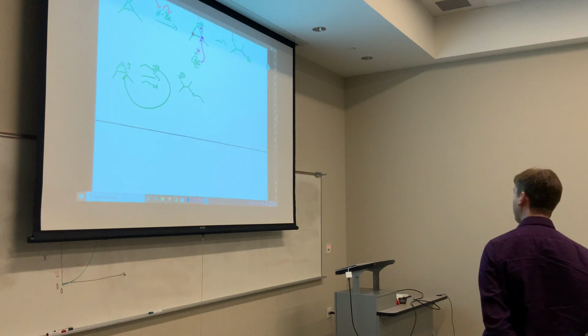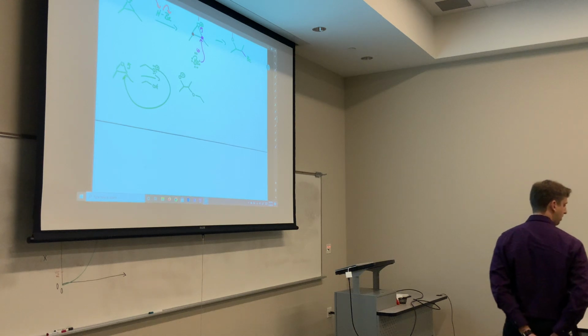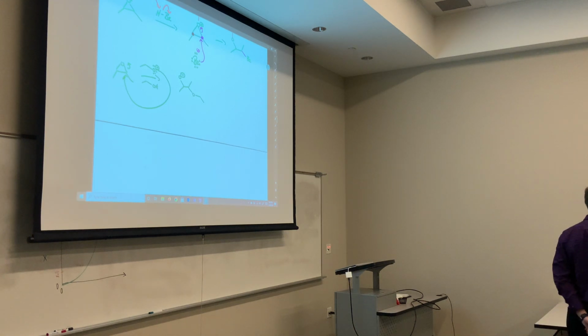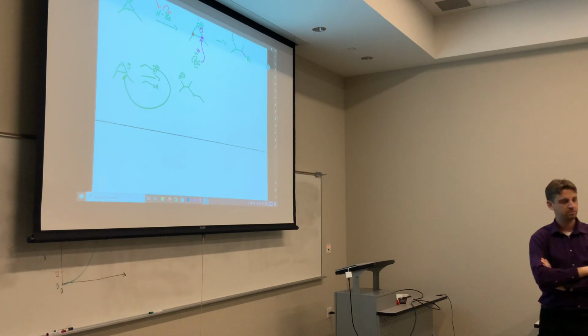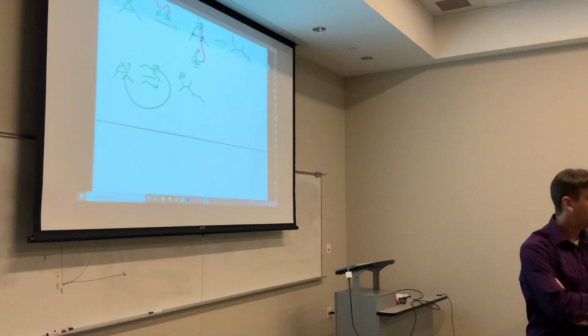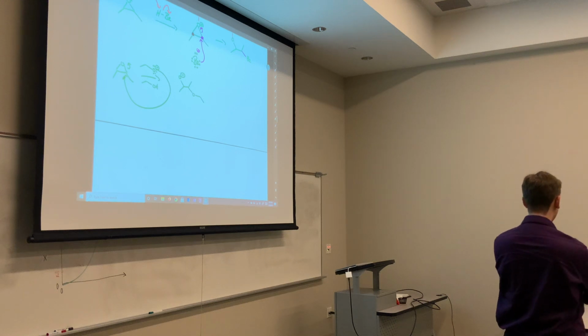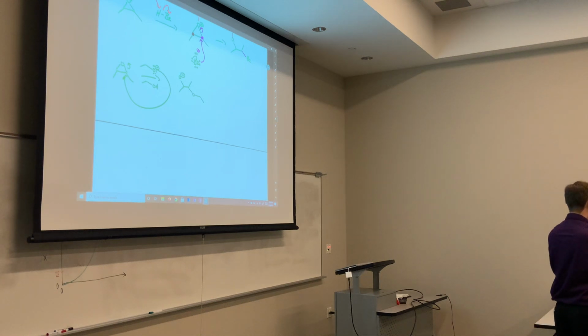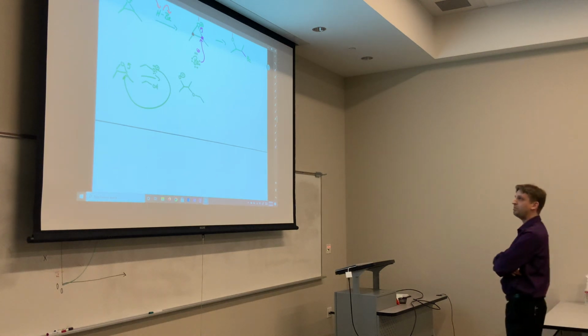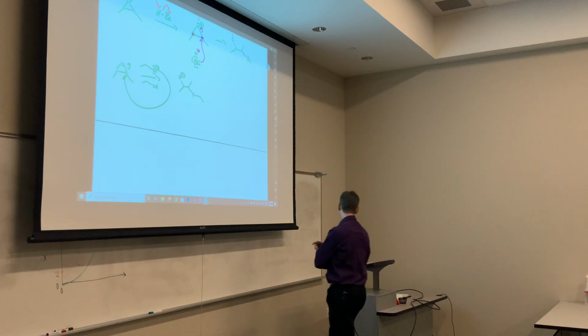Why in the world would this happen? What did we gain and what did we lose by doing this? What's something good that happened? We got rid of the ring strain. That's something good. What's something bad that happened? Well, take a look. In the starting material, we've got two carbon-oxygen bonds.